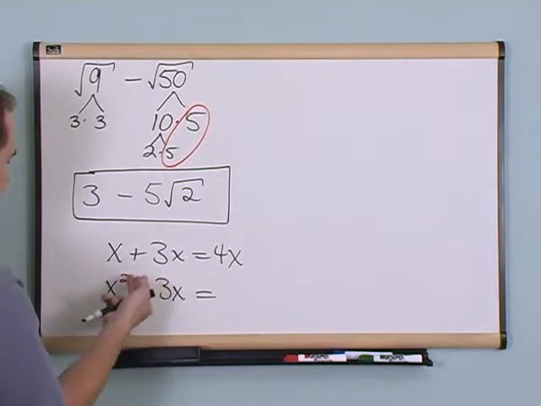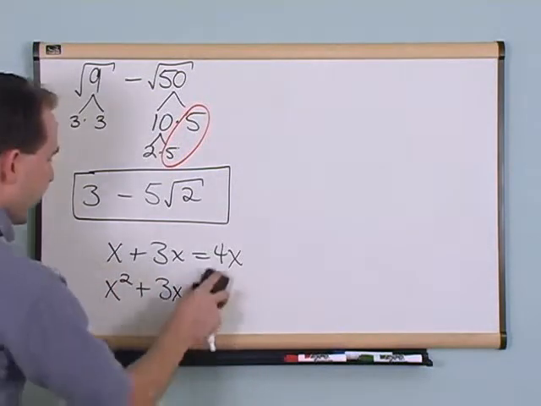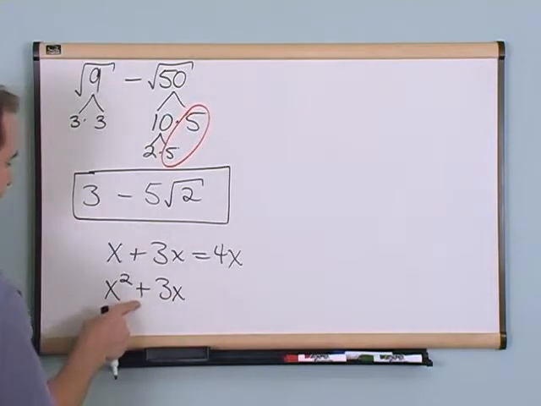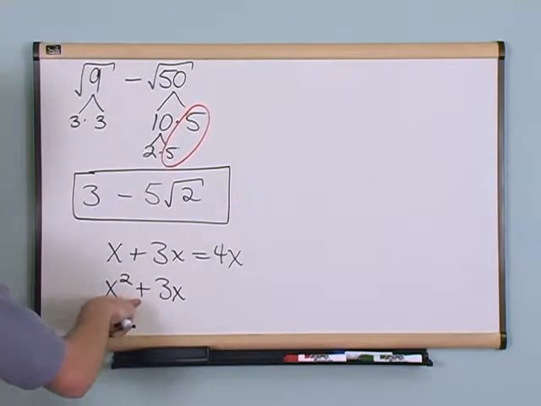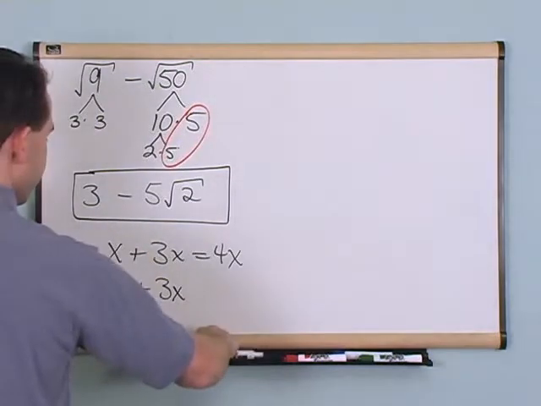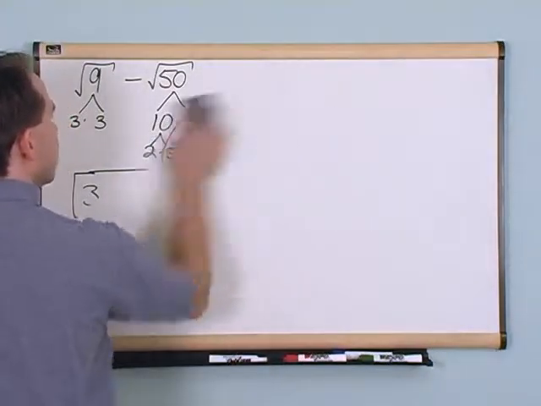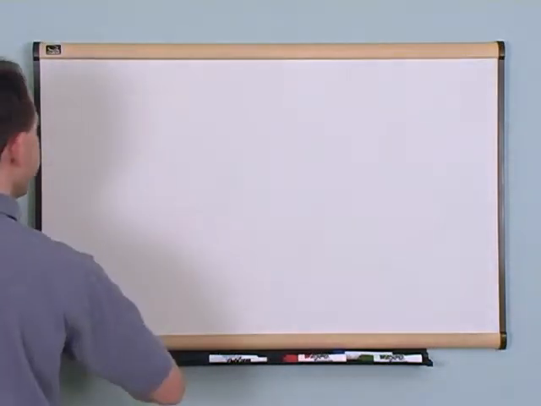So you can't just ignore the fact that this is a square. You just can't add them. So in this example, this is as simple as you can get. You just can't do anything more with it. Same thing here. You can't do anything more with it because it's already in the simplest form.